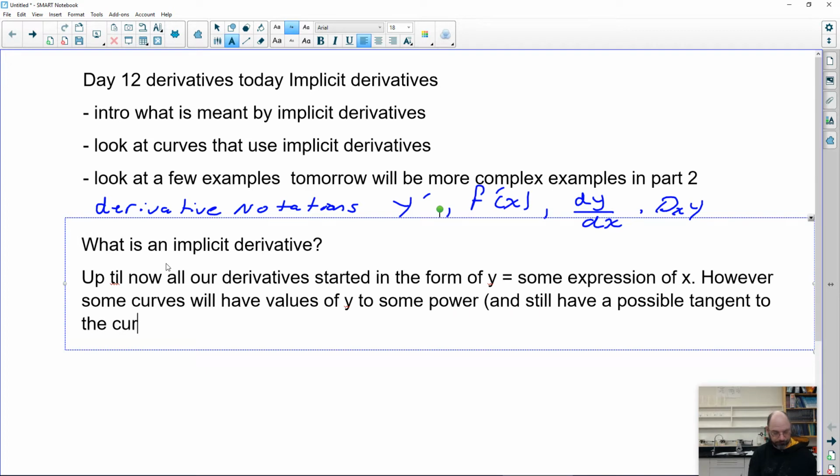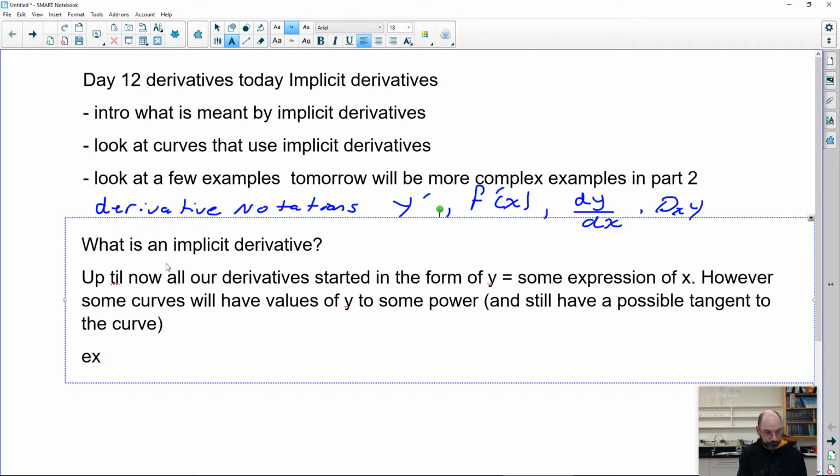So the curve has a possible derivative. Usually y is not to the power of 1, it's to the power of 2 or 3 or something like that, a y squared type thing. Examples of this will need implicit differentiation.